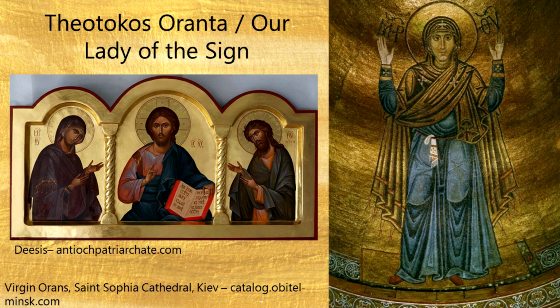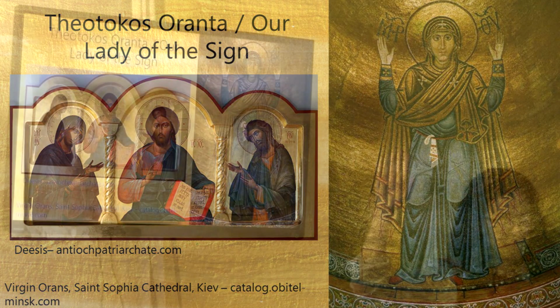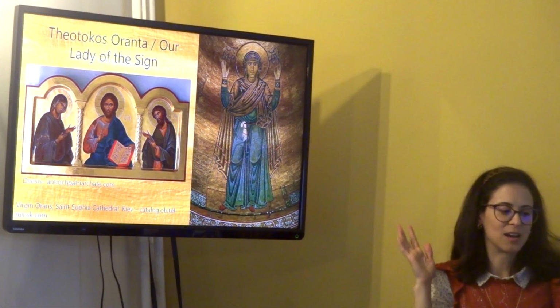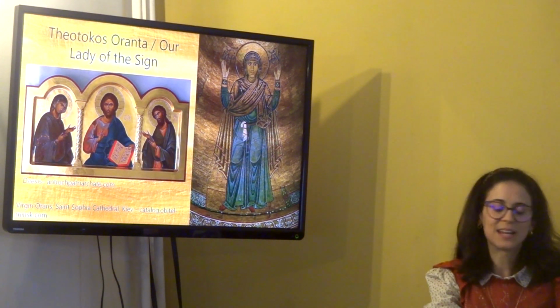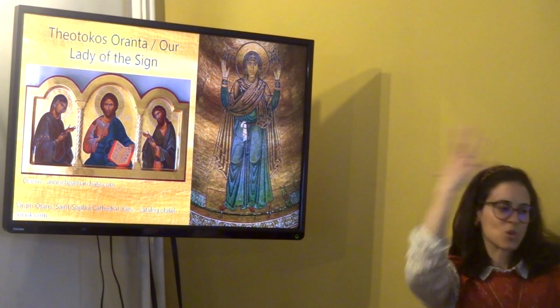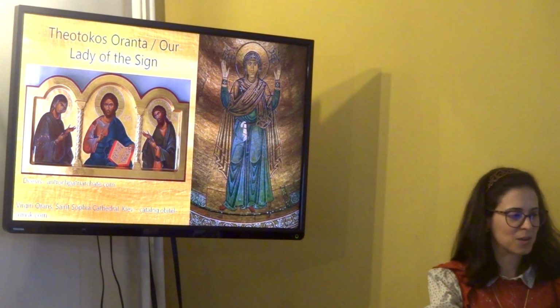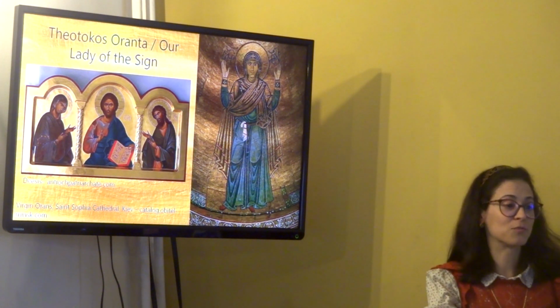It's the Agiosoritissa. It gets very confusing. But that's the Lady of the Deesis. And then when she's on her own with both hands up in prayer, that is Our Lady Oranta. She's also called the Great Panagia, like the Great All Holy One.